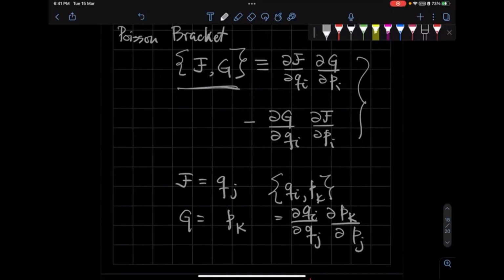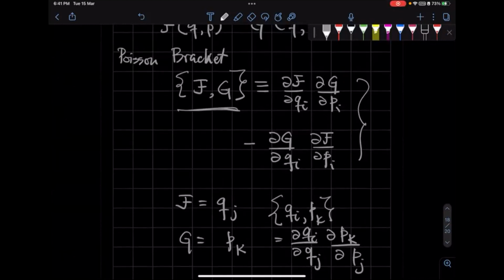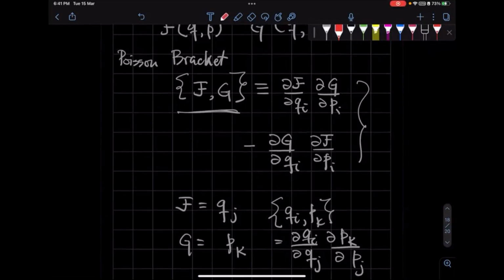If I replace F with G, and G with F, then I have over here G, and there'll be F, and then we'll see that we have del G, del Qi, which is this factor, and here I will have del F, del Pi, which is this factor.